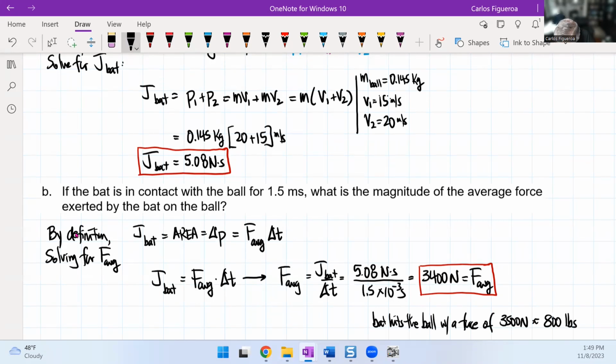It's going to be less than 800 pounds, but it's a little less than 800 pounds of force. That is a lot of force. It's amazing that bats can actually provide that type of force there.